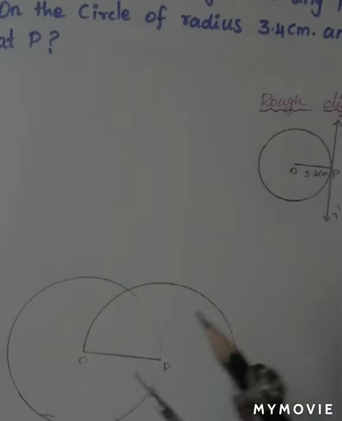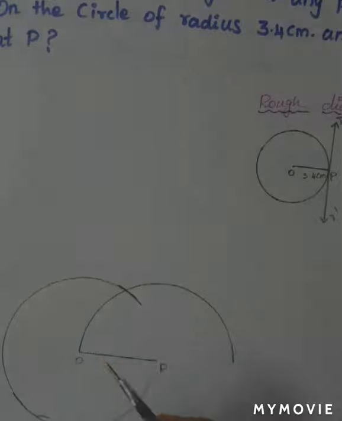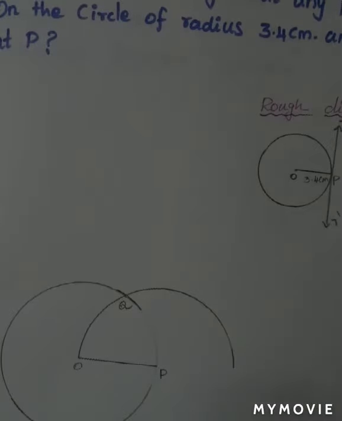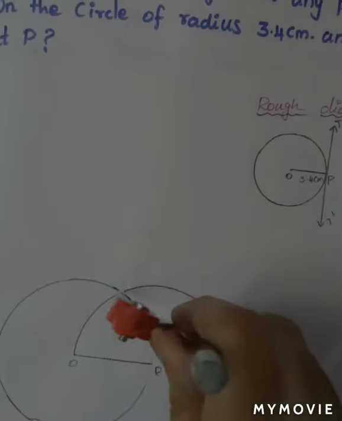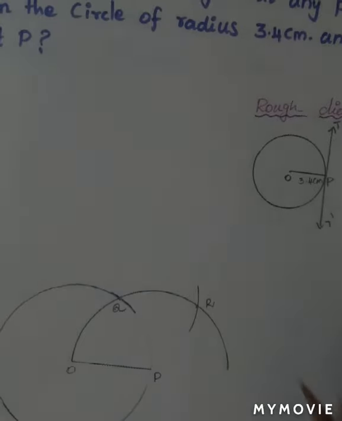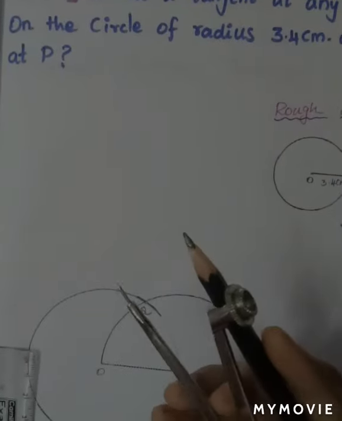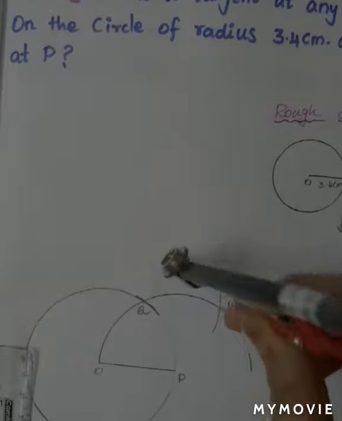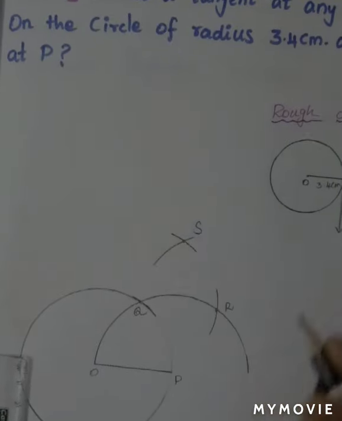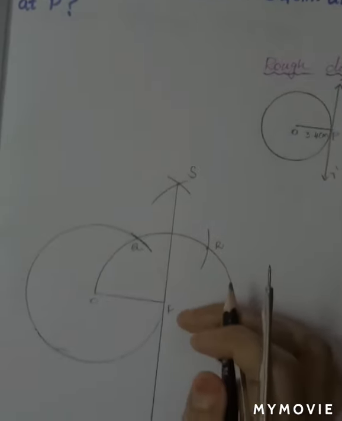Now with the same measurement, O as center, draw an arc cutting the big arc at the point Q. Now again with the same measurement, Q as center, draw an arc cutting the big arc at R. With Q and R as centers, again with the same measurements, draw the arcs cutting each other at S. Now join SP and extend it. Now SP is the required tangent.